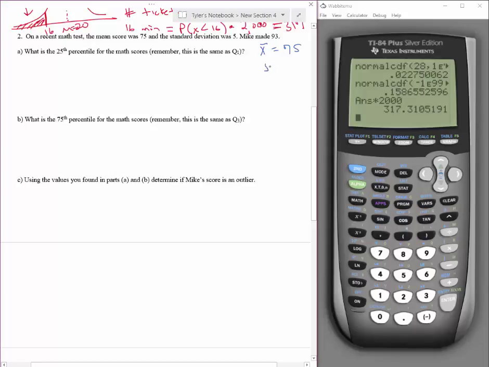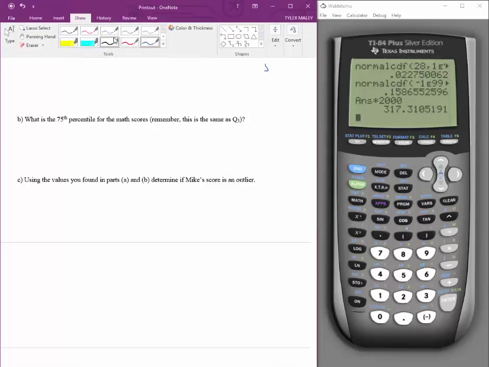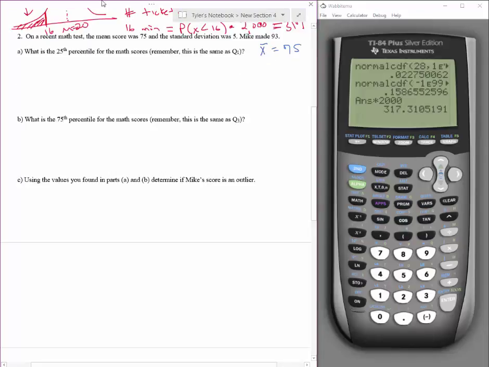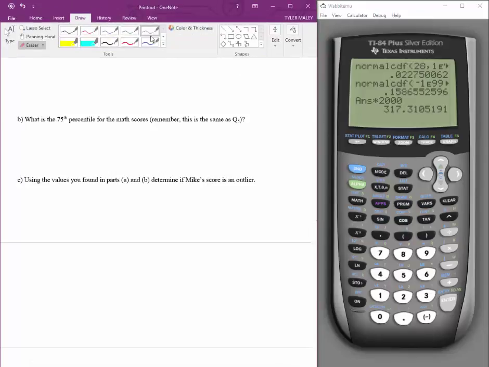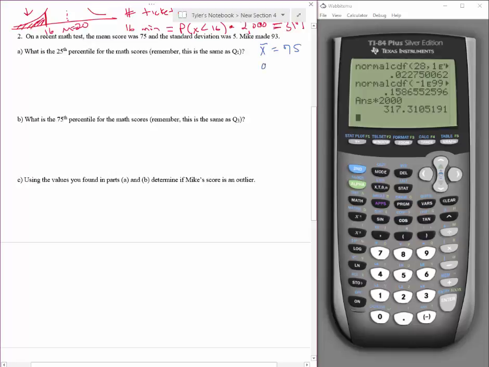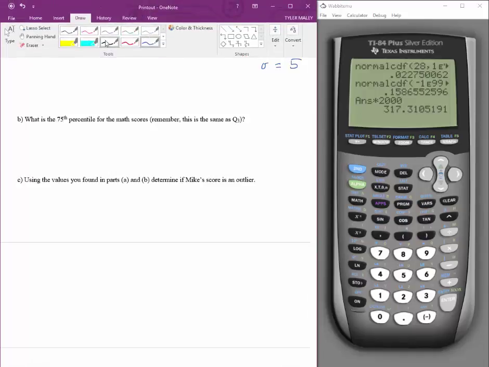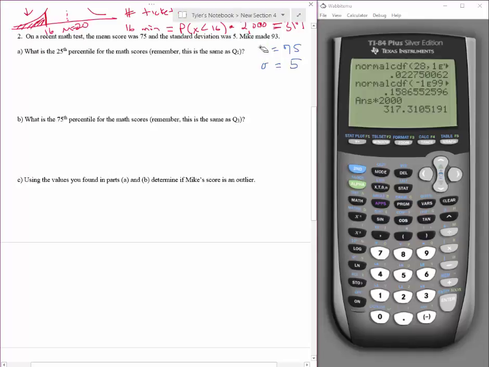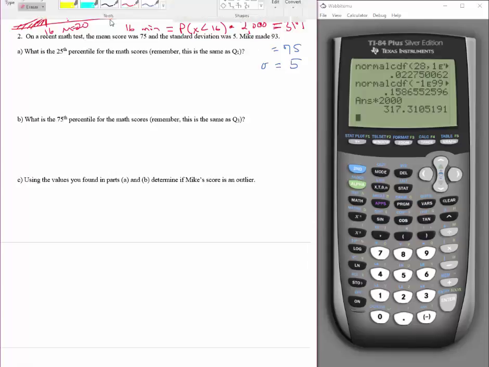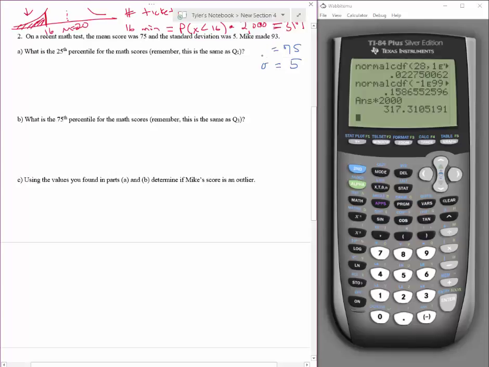The standard deviation is 5. I should have used mu here, so we have mu of 75 and sigma, which is 5.